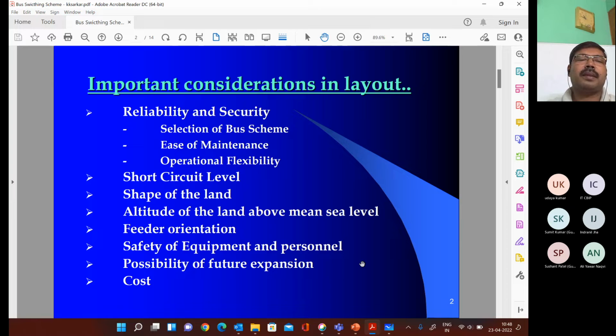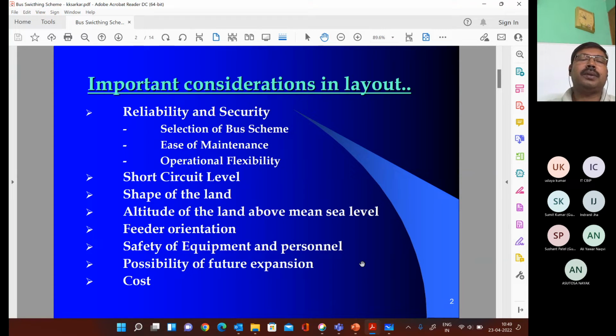Understood? When you go to higher altitude, the dielectric property of air deteriorates. Because air is the insulation and has the dielectric property, when air pressure drops, the dielectric property is also affected. So you have to have higher clearances.